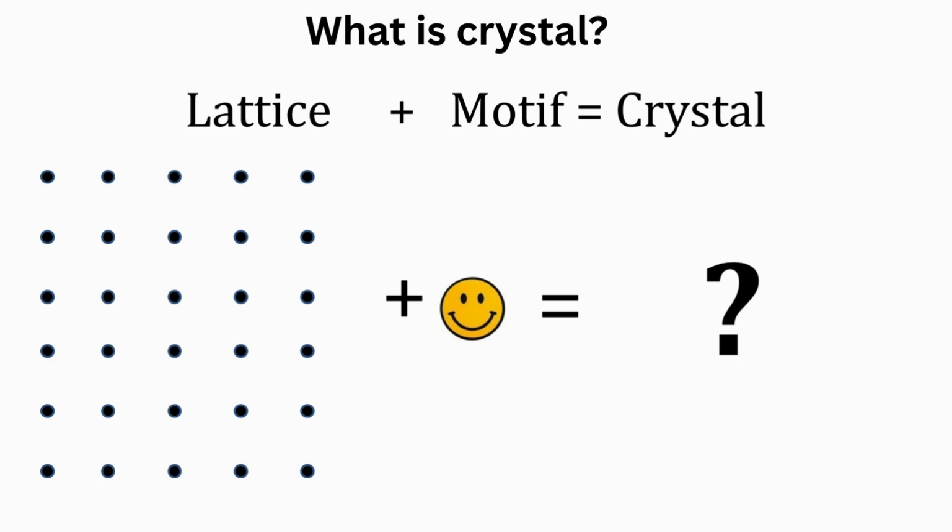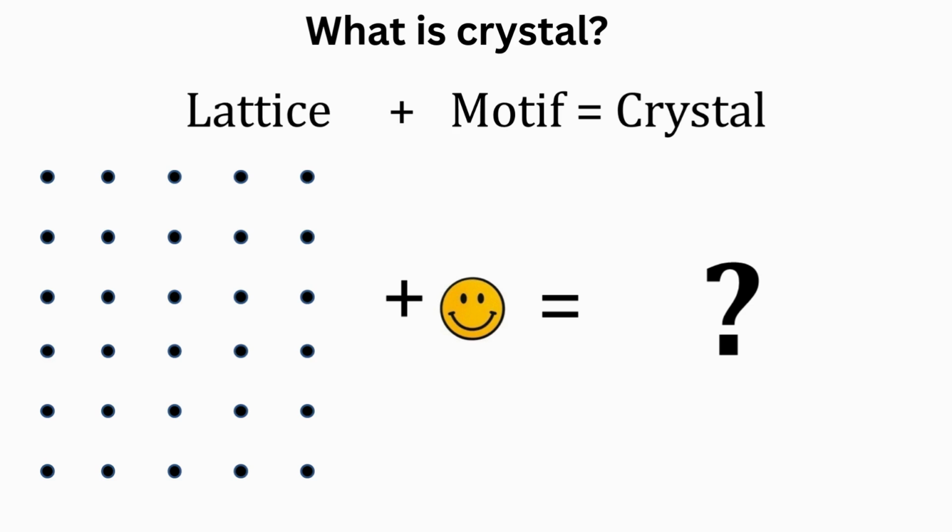So when I place an atom at these lattice points, it can create a crystal. That is the basic definition of a crystal or mineral also. It should have a definite crystal structure and be an inorganic substance. Inorganic substance means there must be some atoms and a definite structure.